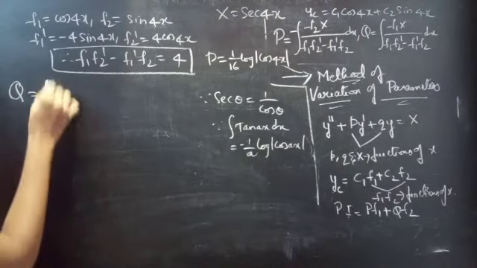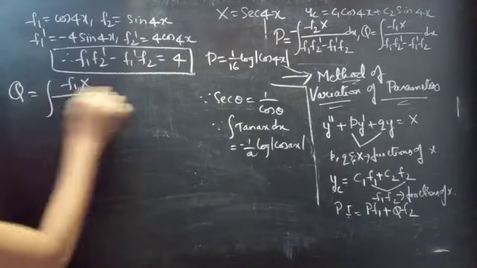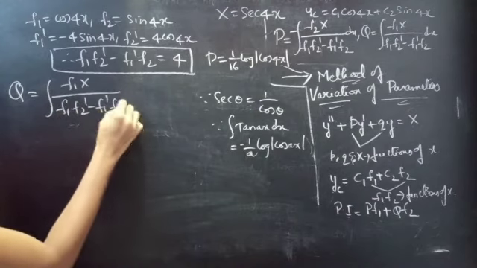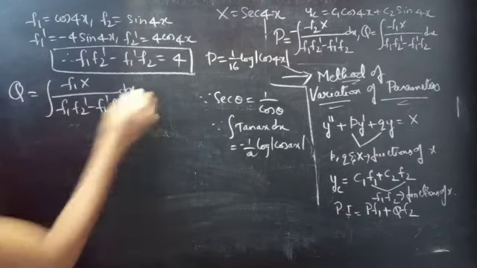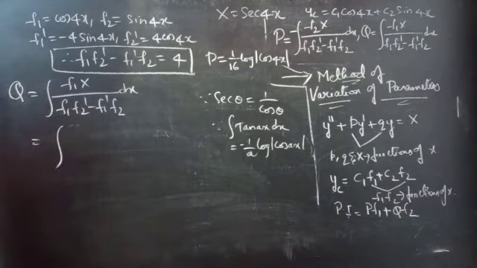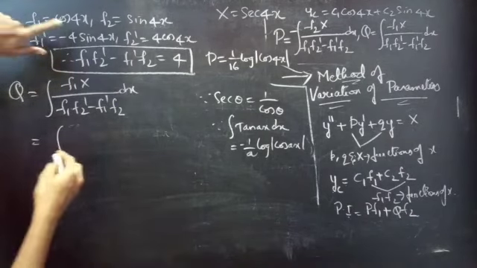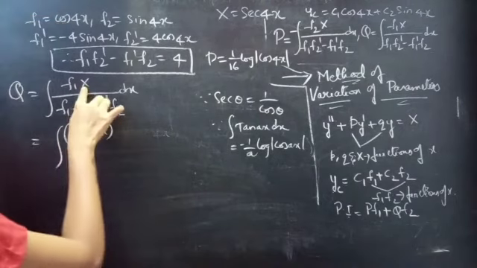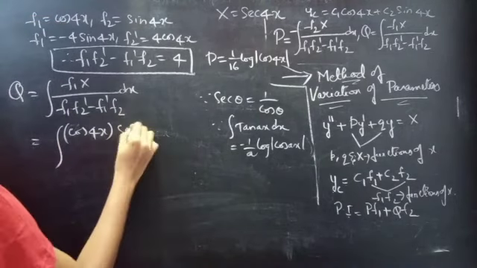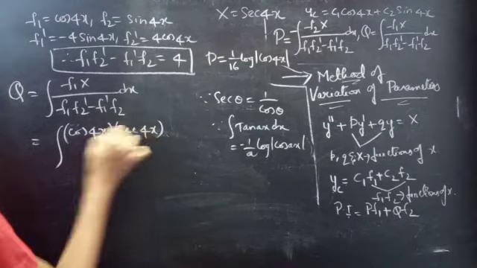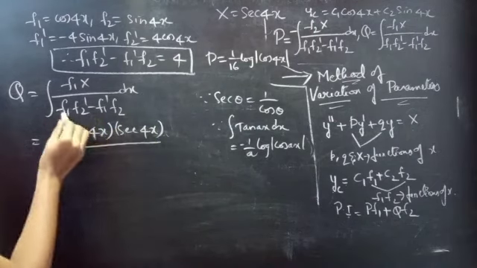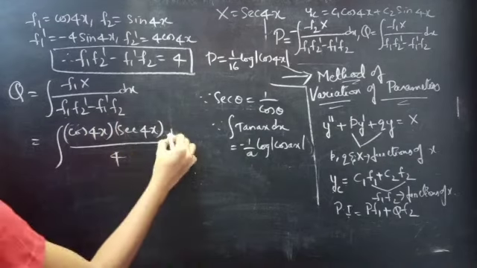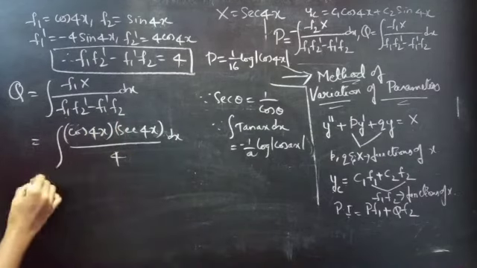q equals integral f1 X by f1 f2 dash minus f1 dash f2 into dx, which equals integral. For f1, we have f1 equals cos 4x into X, where X is secant 4x, by the value of f1 f2 dash minus f1 dash f2, which is 4, into dx. Let's write 1 by 4 constant outside the integral.